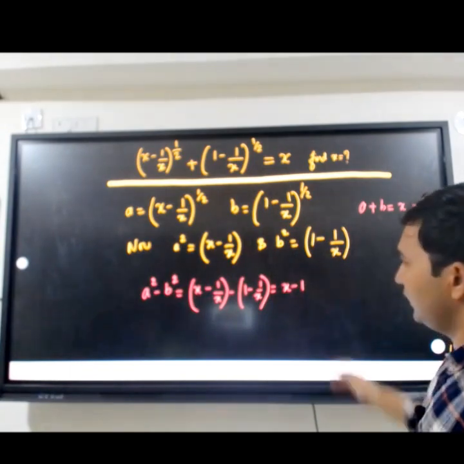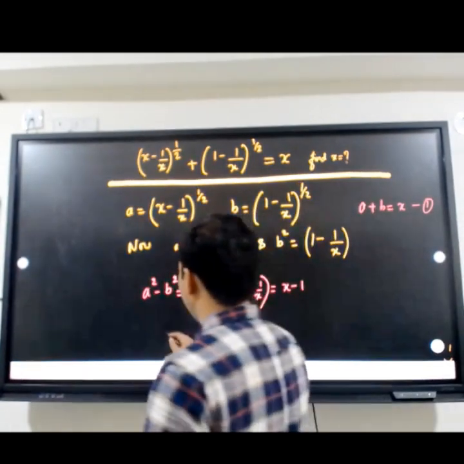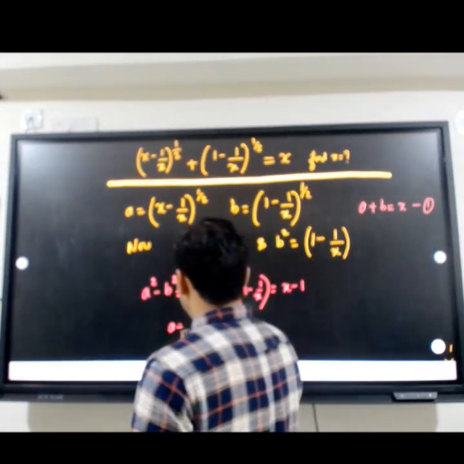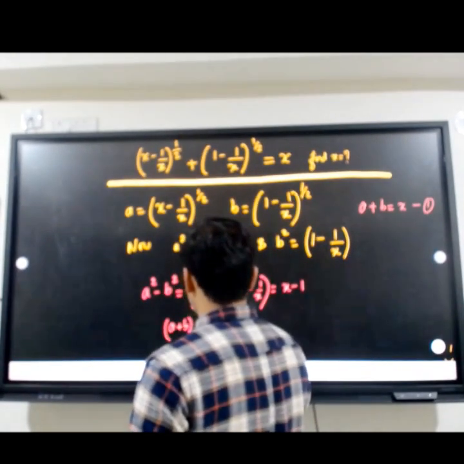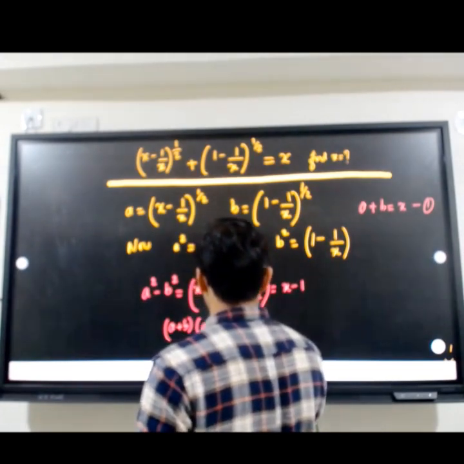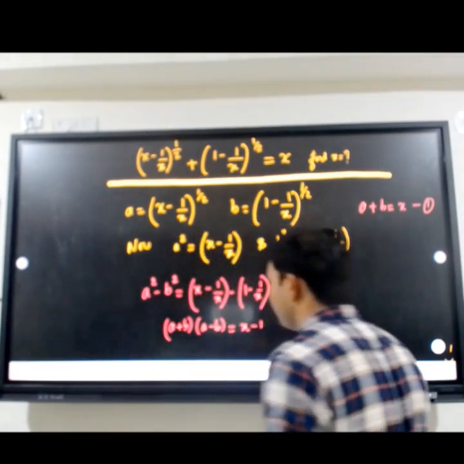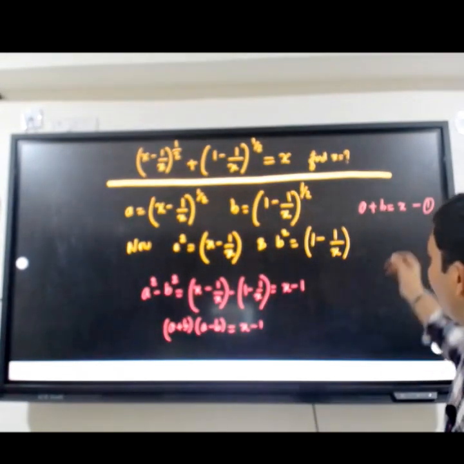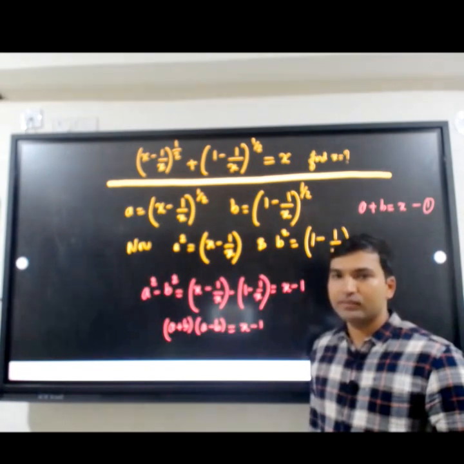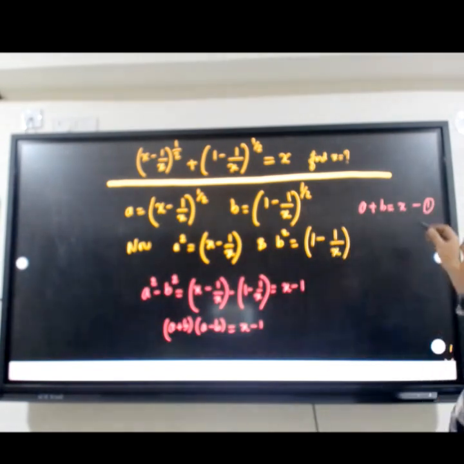Okay, we get this. Now, can I write a² − b² as (a + b)(a − b), which is equal to x − 1. Now, we already have a plus b. A plus b is nothing but x.